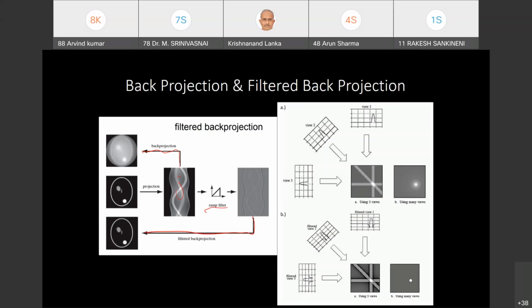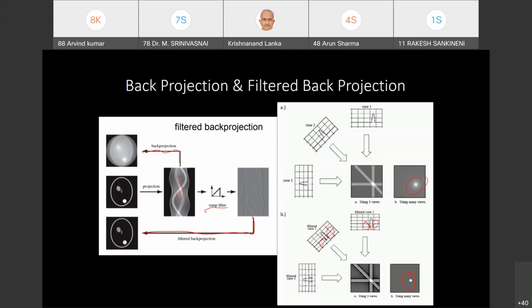So what we mean by the filtering mechanism is, here you can see that you are taking three views, one view, two views and three views, and using three views you have constructed and got a blurred image. But what you are doing is cutting off the rough, unnecessary things, you eliminate them, so that you are able to get a more clarified image.